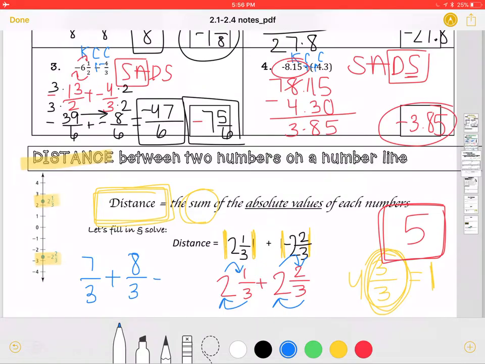Just add across your numerators. 7 plus 8 is 15 over 3. But simplify. How many times can 3 go into 15? 5. So you still get 5 as your answer. The distance between these two numbers is 5 units away from each other.